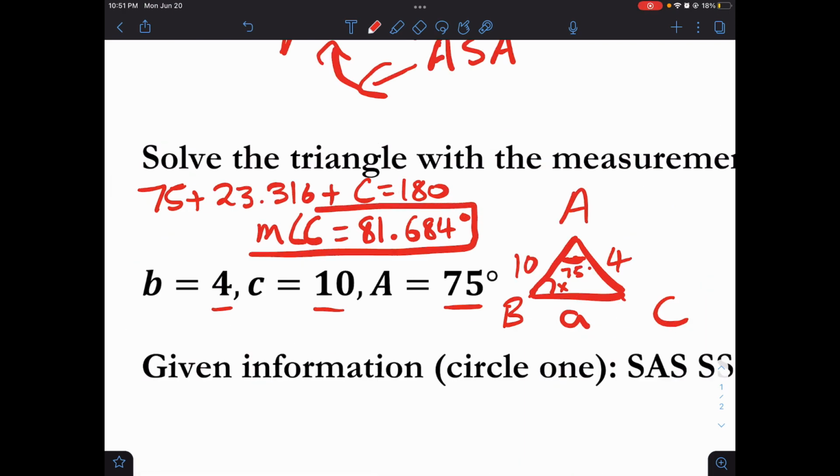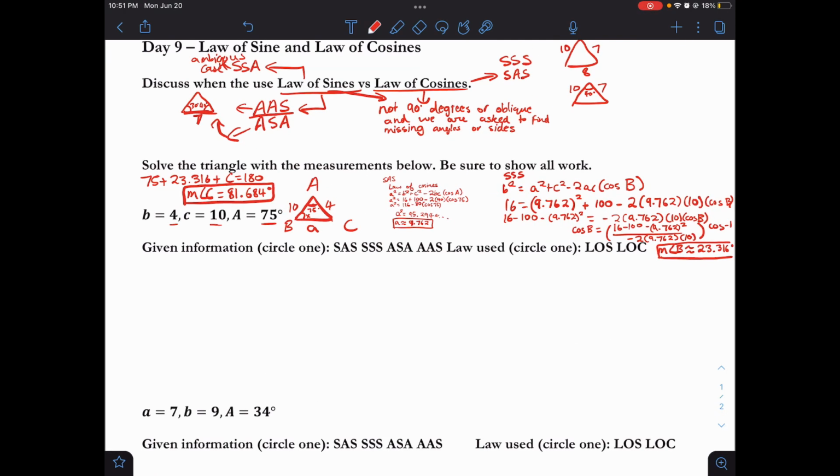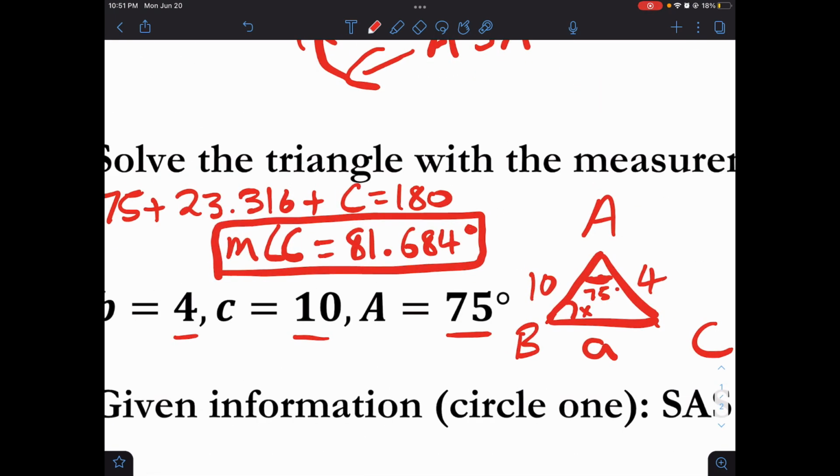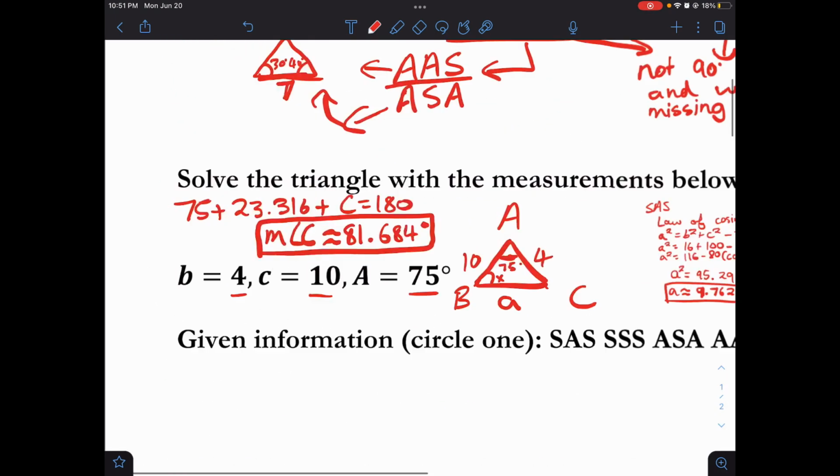And now we have solved for the triangle in its entirety. Oh, and that's an approximate value. So approximate. There we go.